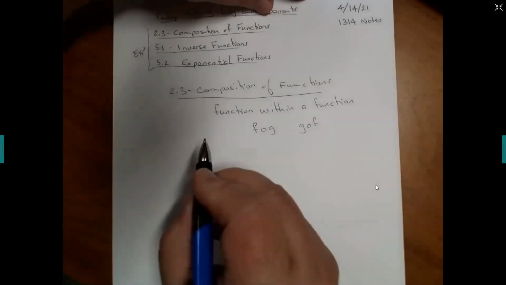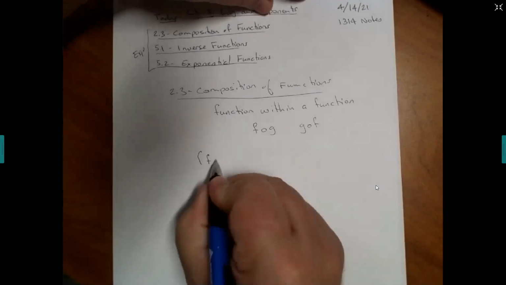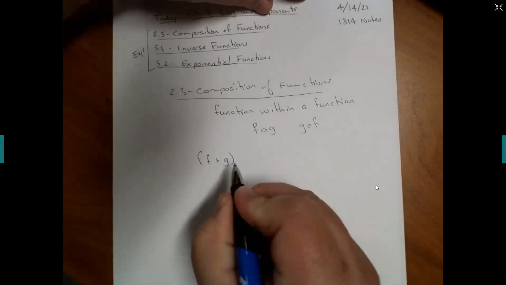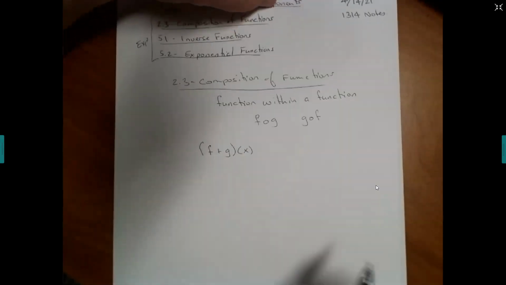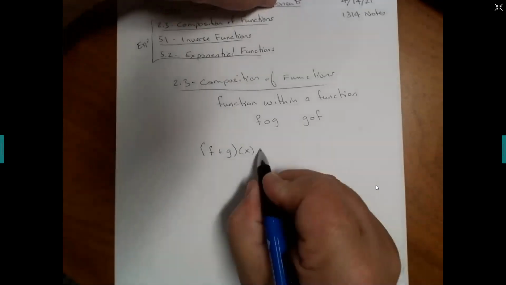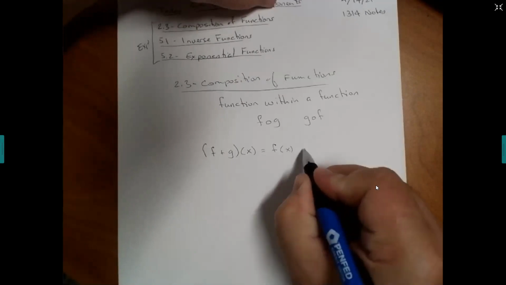So what this is really saying is this: if we had two functions and they're written this way, you can expand it to represent this.